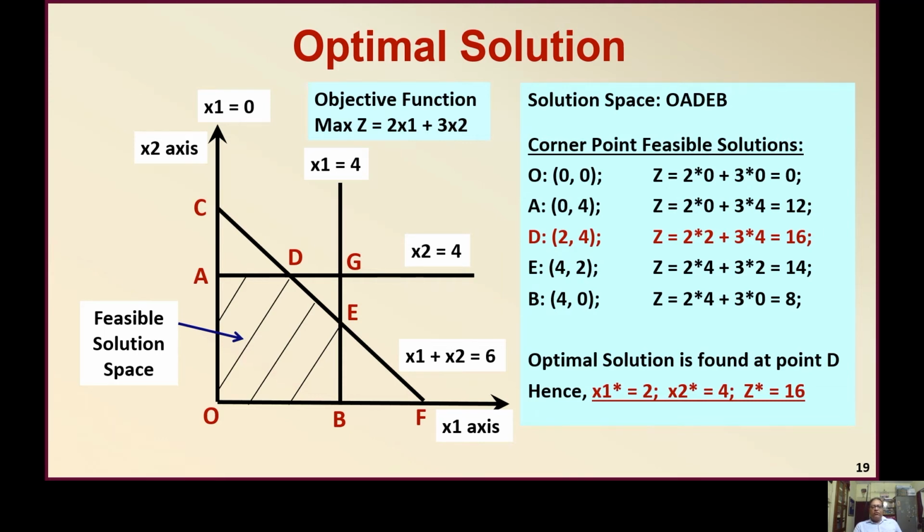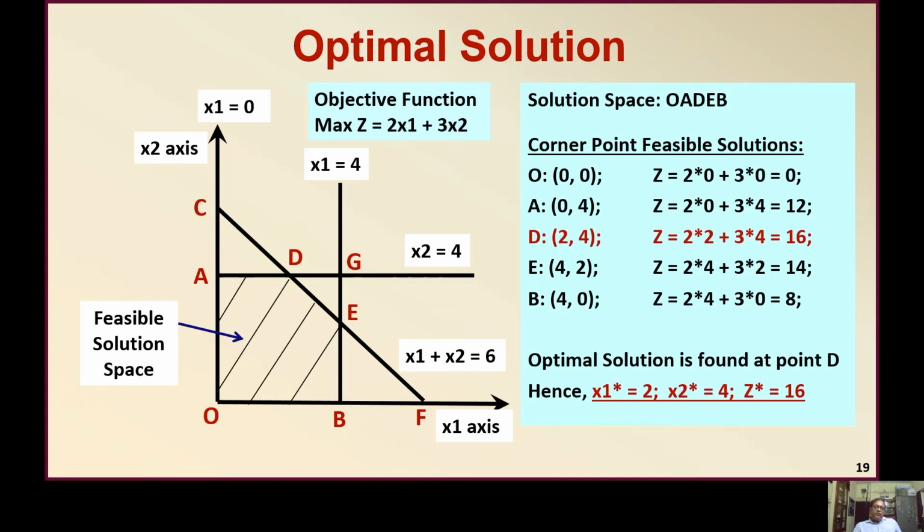Suppose you have 4 or 5 variables. Look here, you have 5 variables. Then your graph will be 5-dimensional. It is impossible or very difficult to really draw a 5-dimensional graph, isn't it? And suppose there are so many constraints.